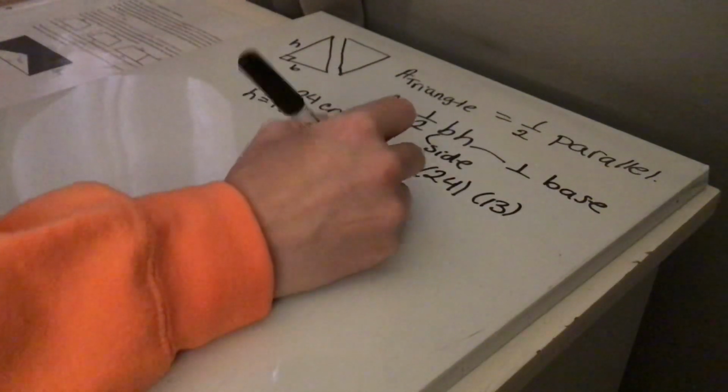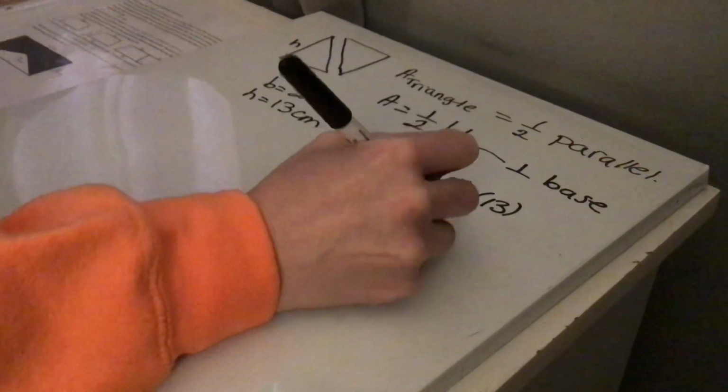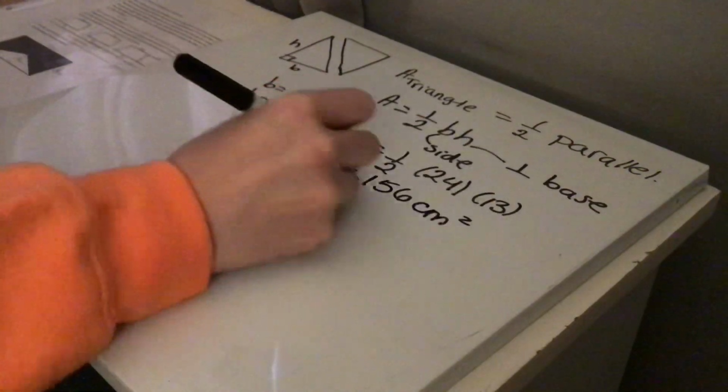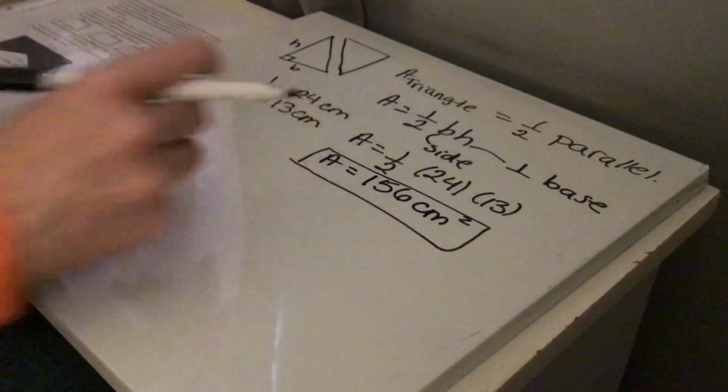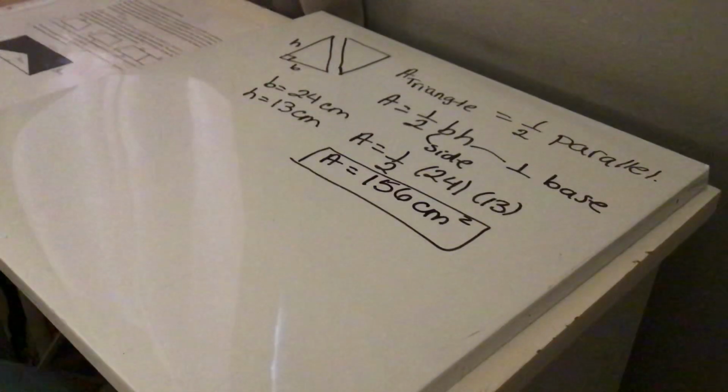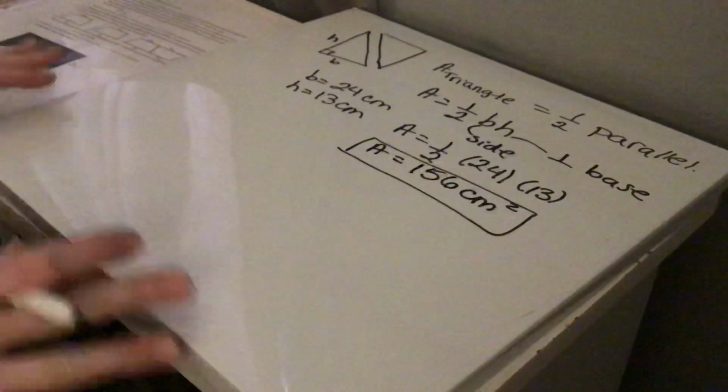So that would be 156 square centimeters. Remember your units. Area is always square units, whatever they are. So a triangle is just half the area of a parallelogram, so 1/2 base times height.